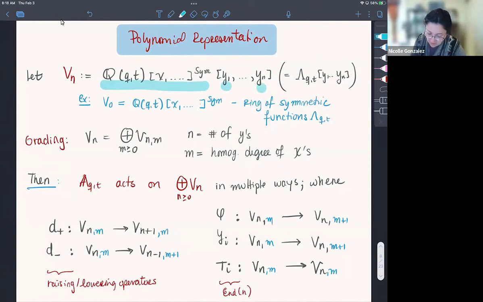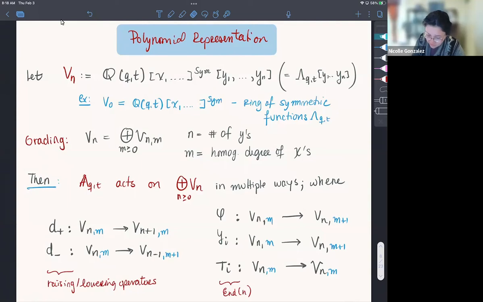Notice that when you set n equal to 0, you really do just recover the usual ring of symmetric functions because you don't have any y's. We're going to think about this vector space as being graded by n, which is the number of y's, and m being the homogeneous degree of the x's. This is just the usual grading that you would put on the ring of symmetric functions.